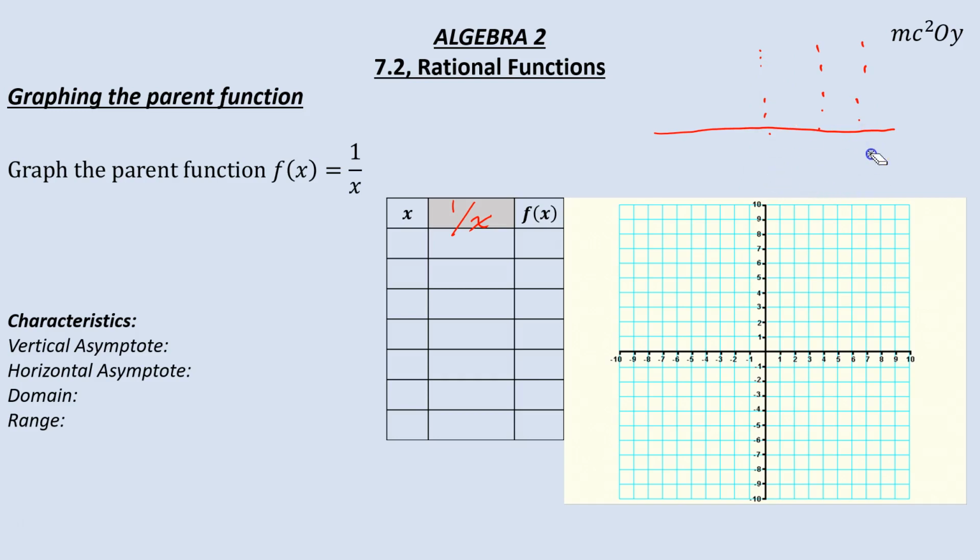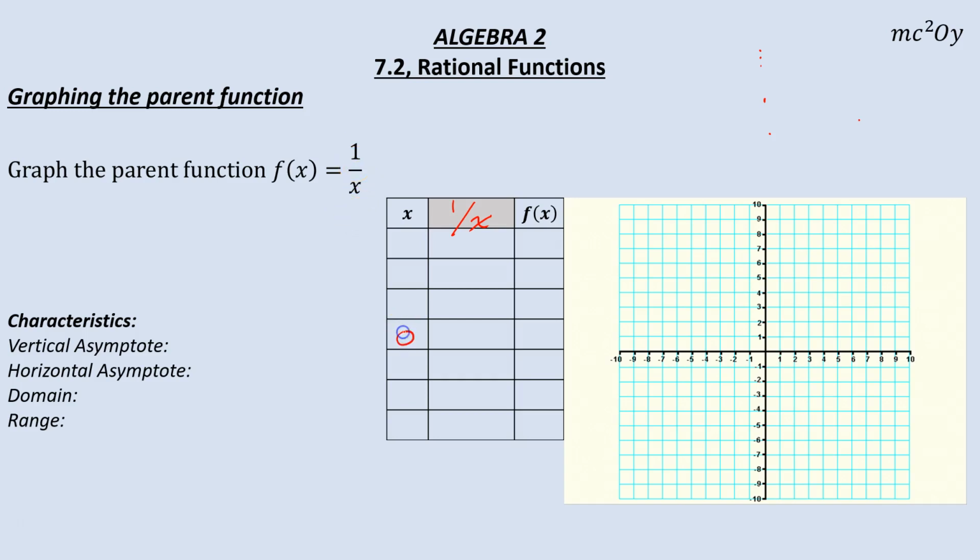What we're trying to identify, especially when we're looking at a function in fraction form, is that you can't ever have a denominator equal 0, because you can't divide by 0. So when you set the denominator equal to 0 and solve for x, that's your vertical asymptote. In this case, x can't equal 0. If x is 0, you get 1 over 0, and that's undefined.